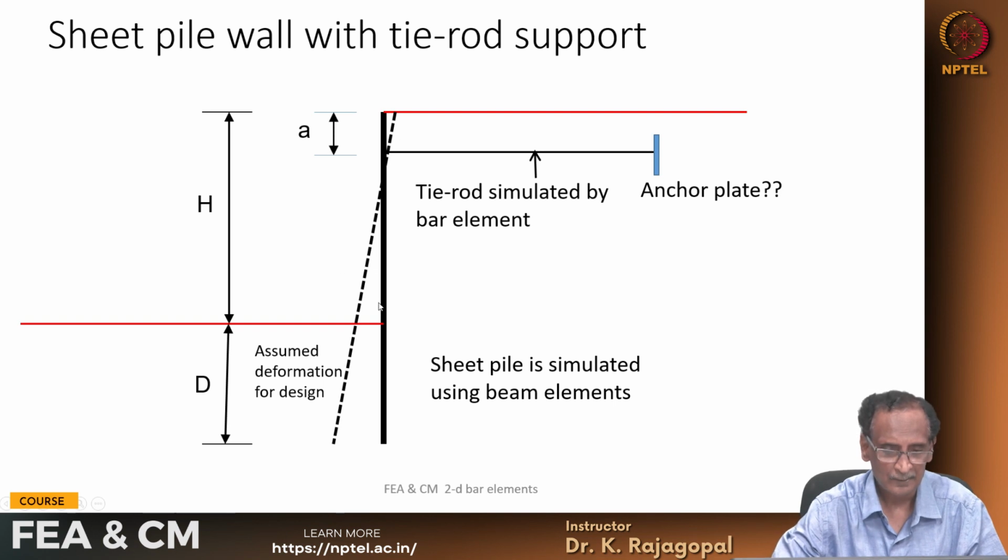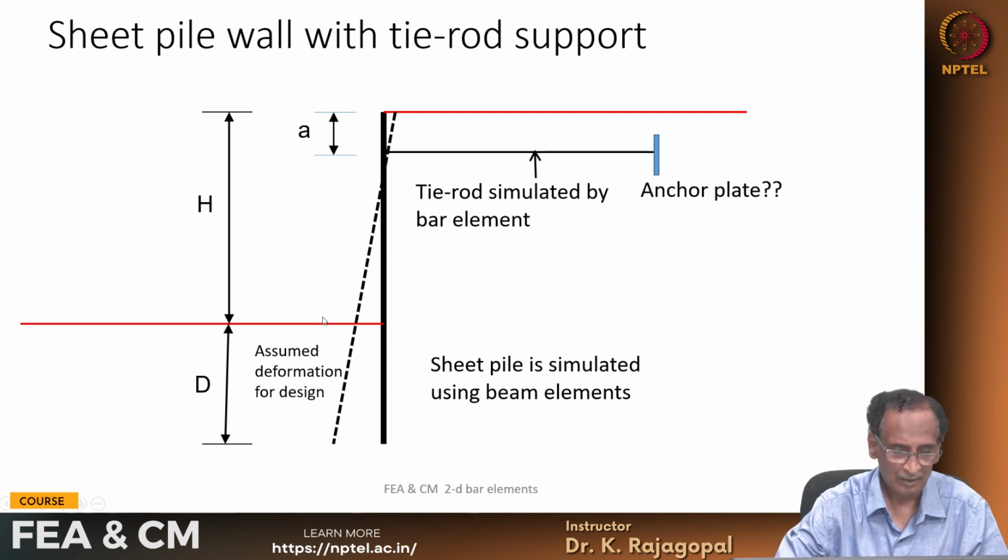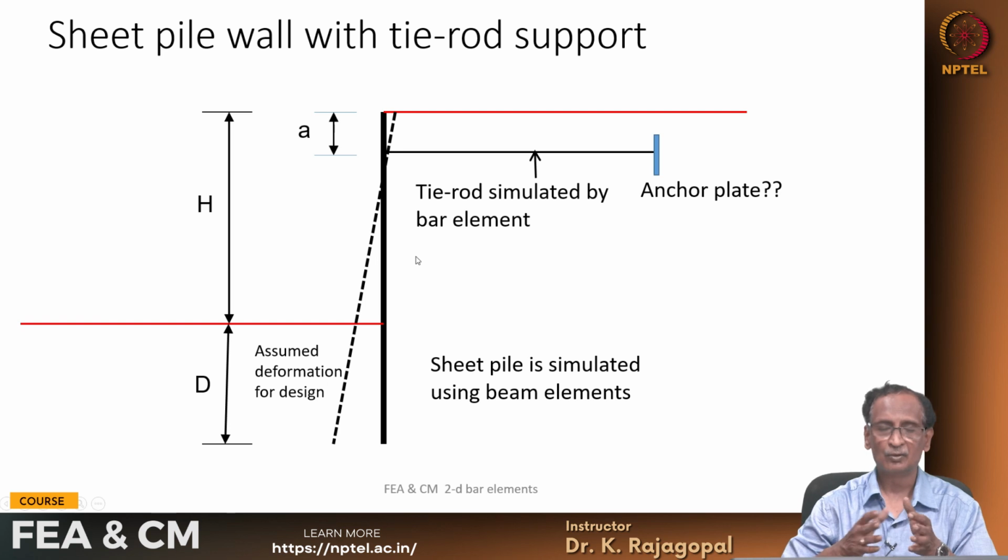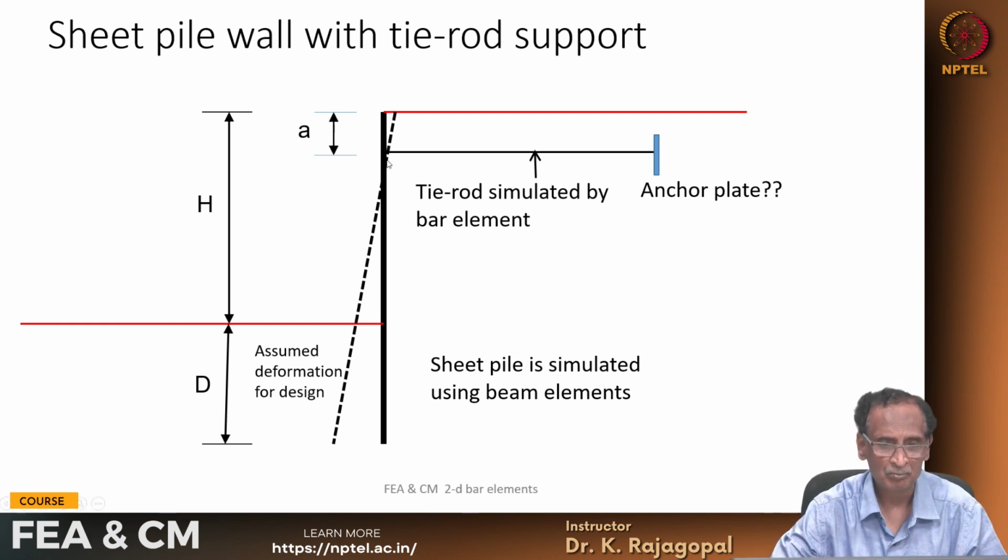One of the methods is to assume the sheet pile wall as a rigid element and bend about this point, and then we can assume that the soil in the front is under passive conditions, whereas the soil behind is in active conditions, and then by equilibrium we determine the depth of embedment, and then we can also determine the force developed in the tie rod.